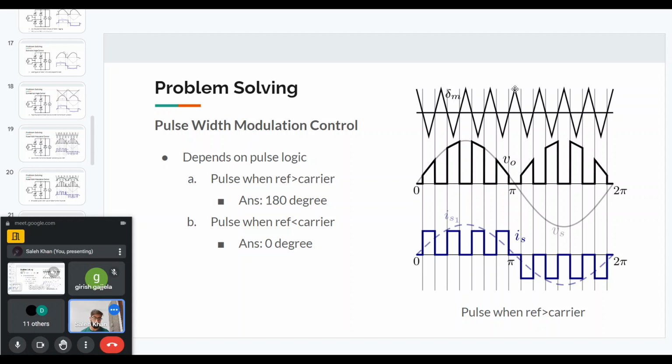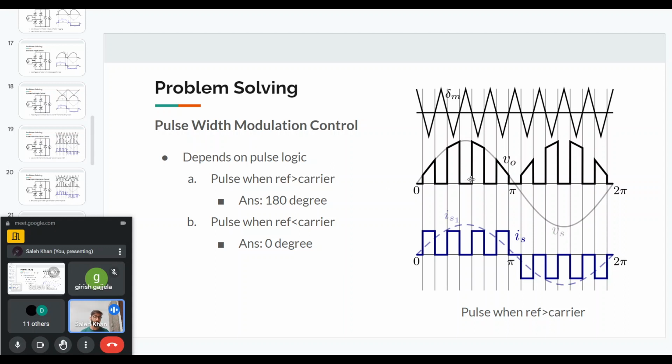I will get a pulse from 0 degree to 180 degree, and then the voltage and current pulse will continue in the negative portion from pi to 2 pi. So for this logic, where I turn the pulse on when the reference is greater than the carrier, the answer will be 180 degree.